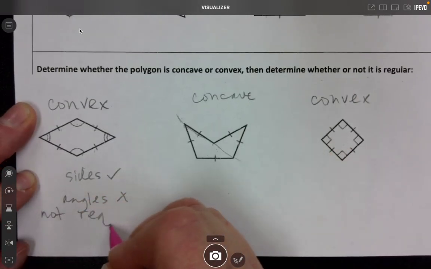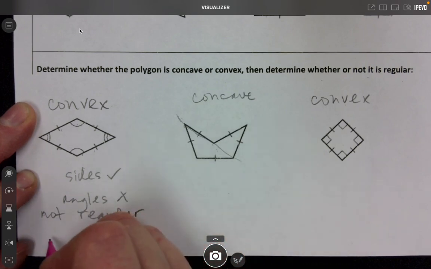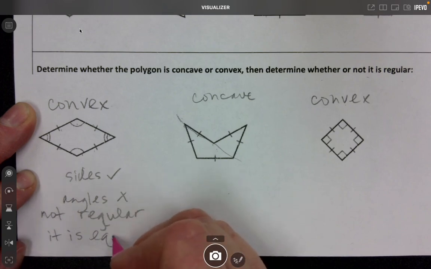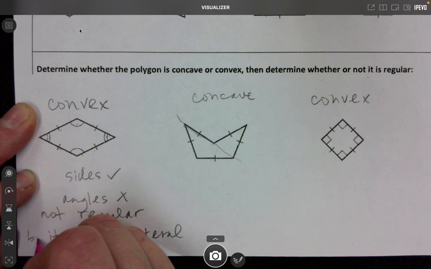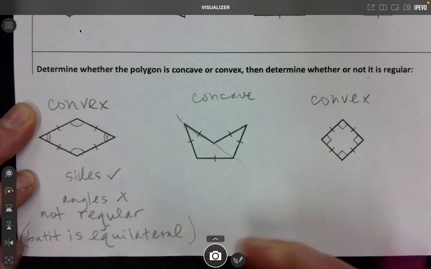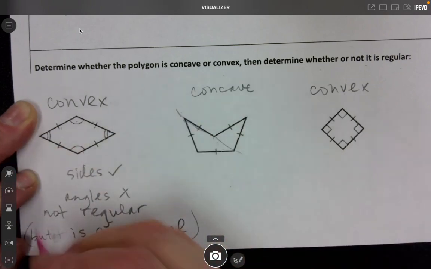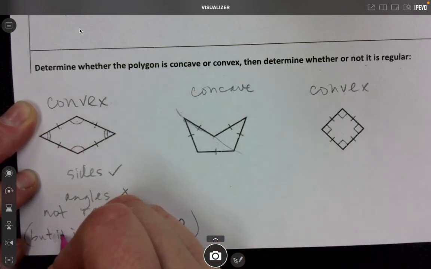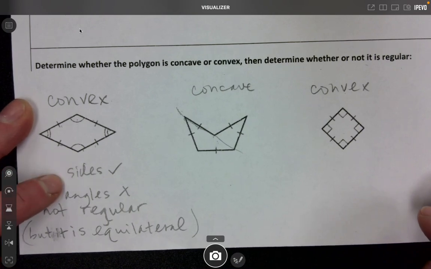But because all of my sides are equal, it is equilateral. I'll put that in parentheses, but it is equilateral, and that's a little bit messy. I kind of snuck that word in there. So it was not regular because our sides were congruent, but our angles were not.